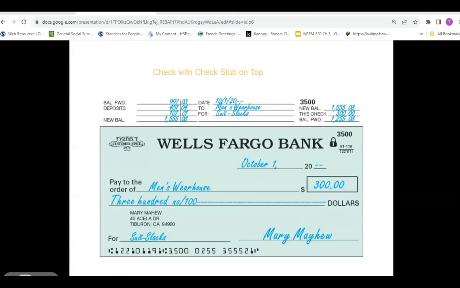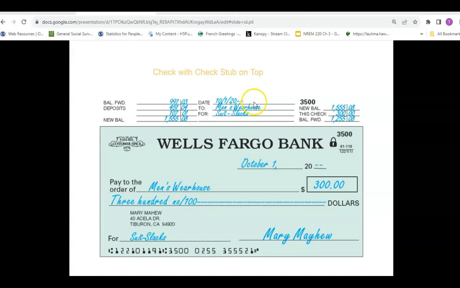Okay, sometimes you might have a check with a check stub on top. So here's just another example of a $300 check. We have the balance forward. If there were any deposits, they'd be listed here. We then have a new balance after the deposits. We also have a section specific to this check.